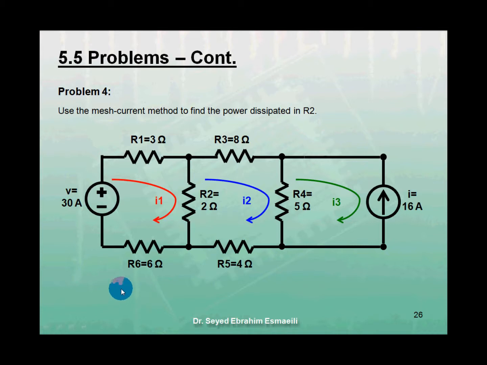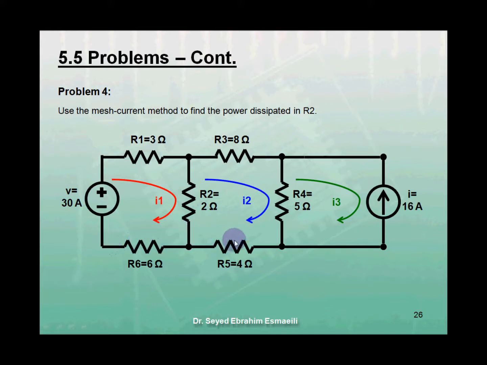In problem 4, we need to find the power dissipated in R2 using the mesh current method. We begin the solution by noting that in mesh 3 we have a current source not being shared with any other mesh. In this case, we already know I3, which is equal to minus I. Applying KVL on the remaining meshes, we have for mesh 1: minus V plus R1 times I1 plus R2 times (I1 minus I2) plus R6 times I1 equals 0.